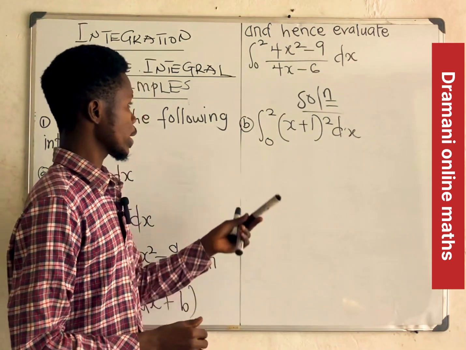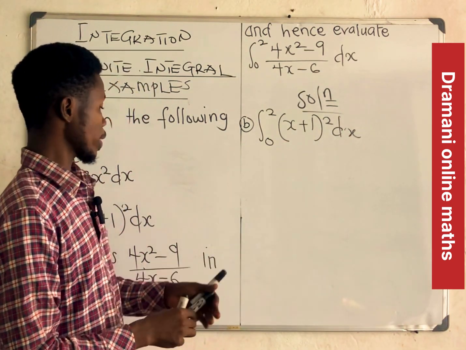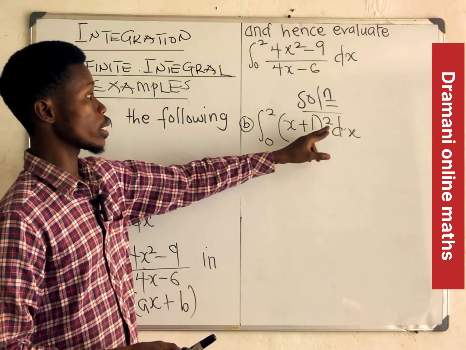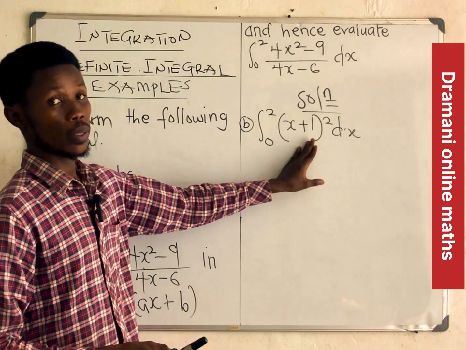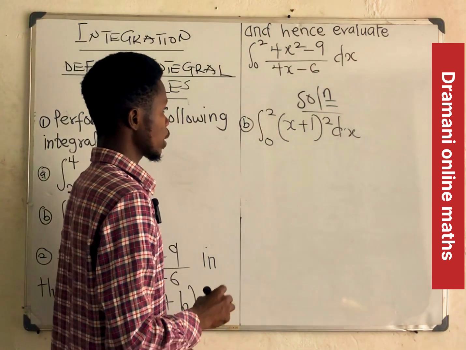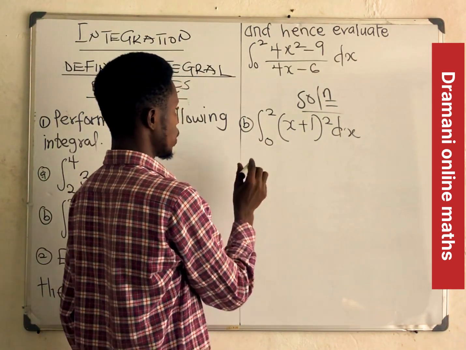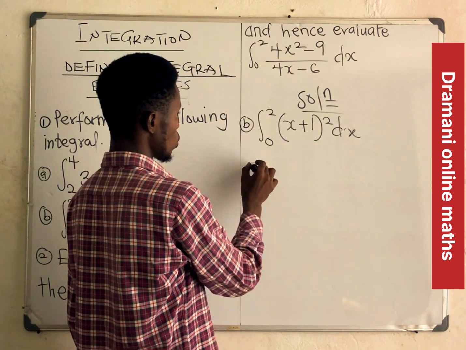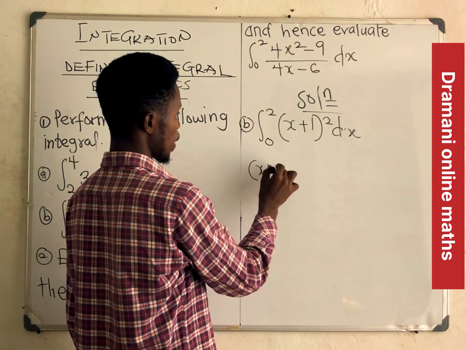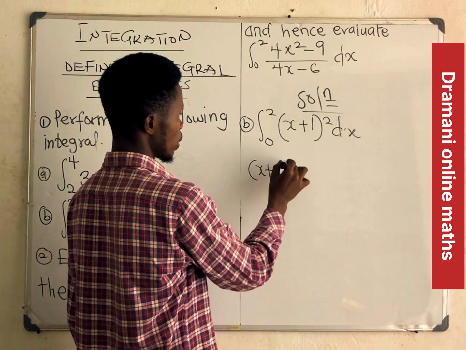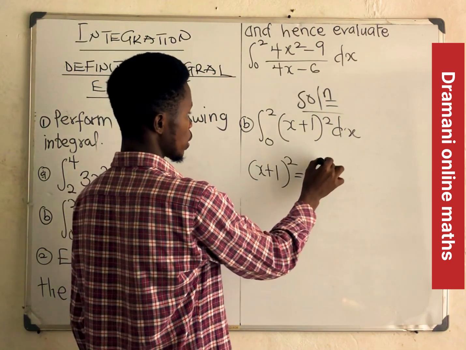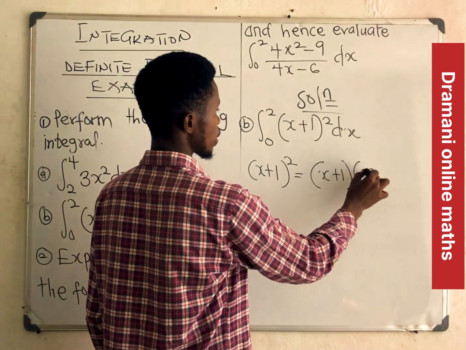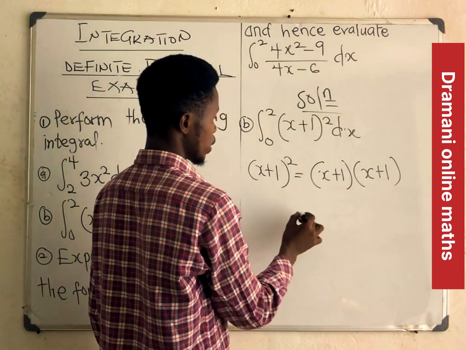Okay, this is the second example. What is beautiful about this is that it's to the power 2, so we have to expand it. I'm taking it out to expand, and after I'll put it back. So this is x plus 1 squared, the same as x plus 1 times x plus 1.